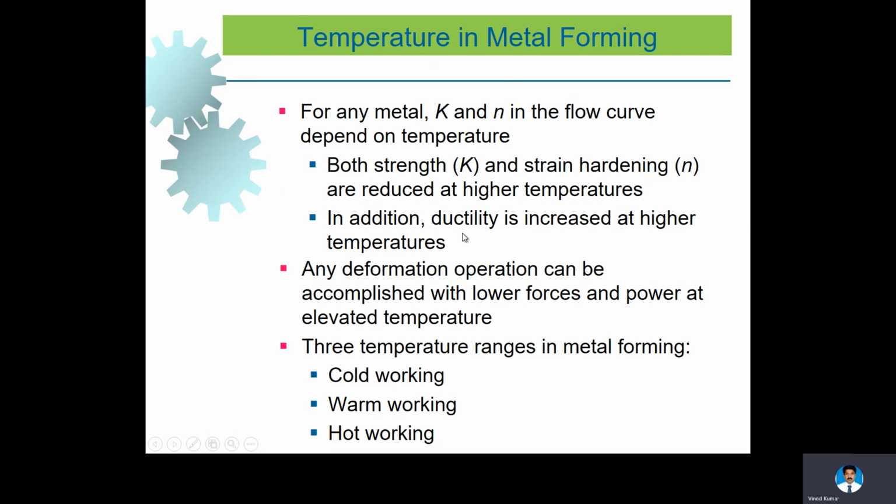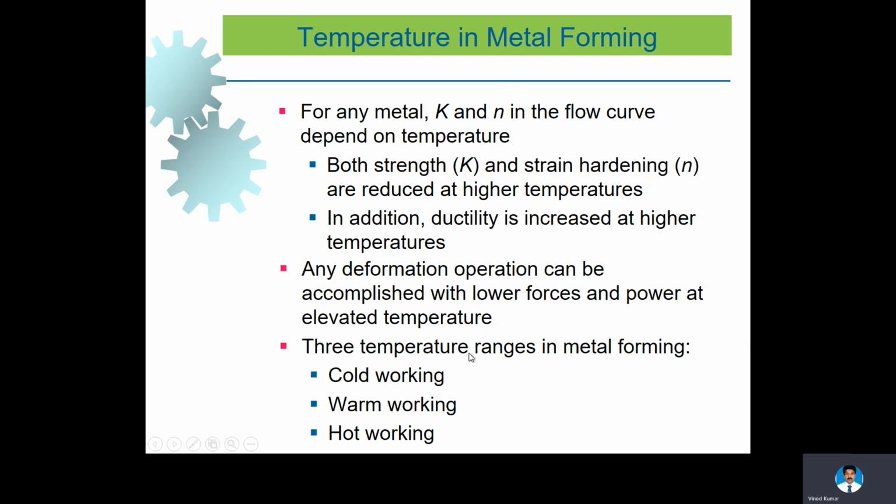Also, ductility increases at higher temperature, and this increased ductility will have an effect on plastic deformation. That means it will be easy for materials to deform at higher temperatures. Any deformation operation can be accomplished with lower forces and power at elevated temperature.